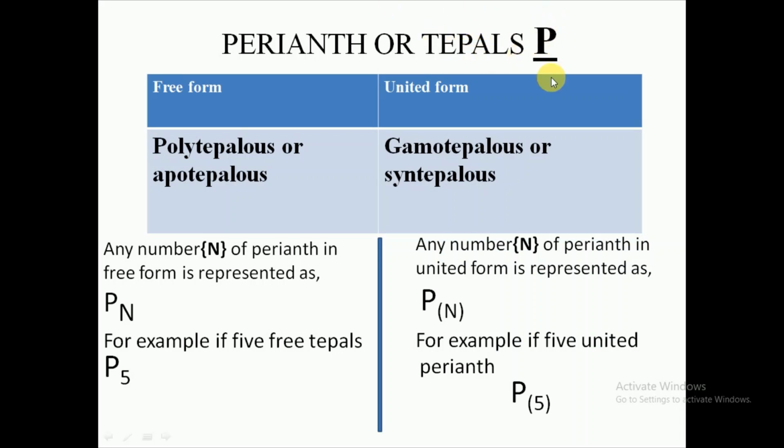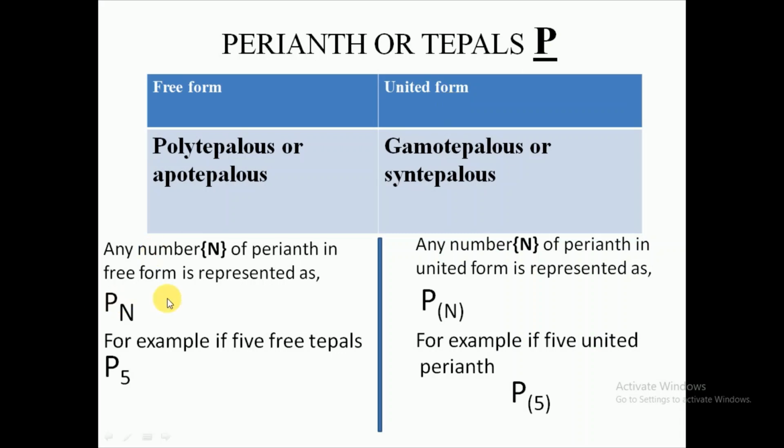So the symbolic representation for perianth is capital letter P, and in perianth condition also, that means the fused corolla and calyx, we also see that they can be in free form and they can be in united form. So when they are in free form we use the term polytepalous or apotepalous, and when they are in united form we say gamotepalous or syntepalous.